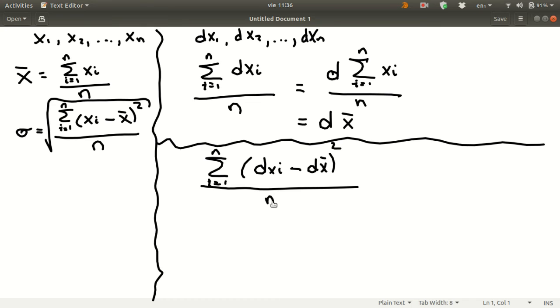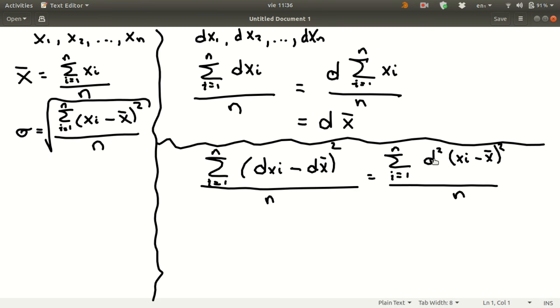So here we can also find a common factor, but it's raised to the power of 2. So when we factor it, it's going to come out with a power of 2. And then we're going to have x sub i minus x bar squared over n. So again, this is the variance, right?